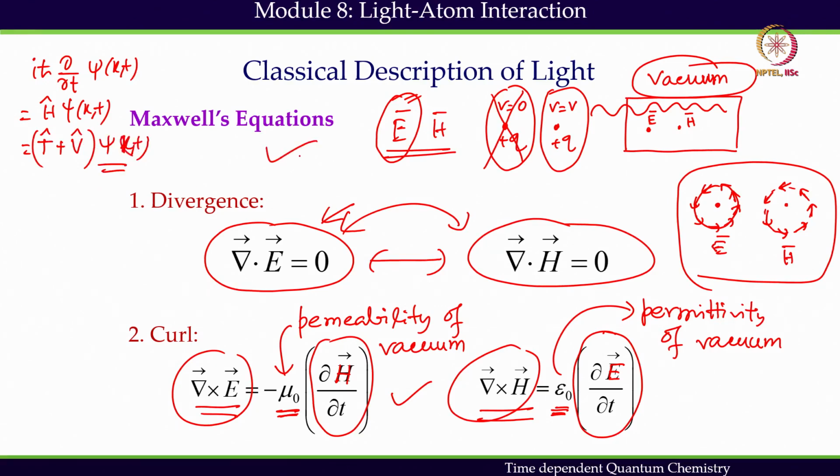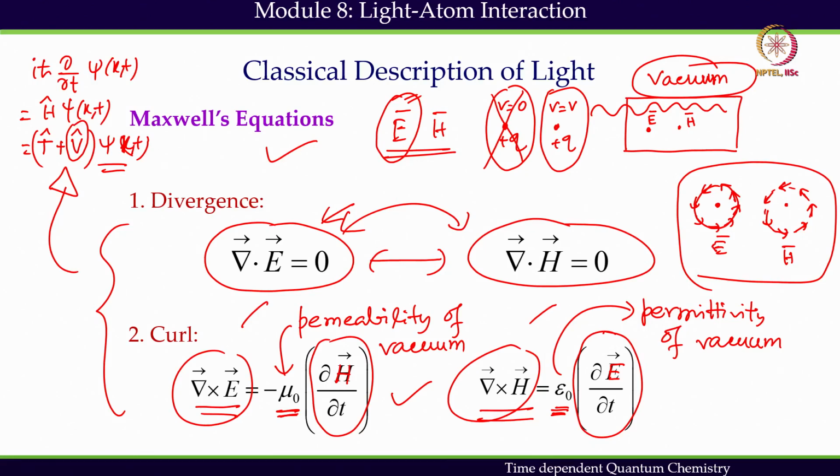But Maxwell's equations, which describe the light, are in terms of electric and magnetic fields. So in order to use these Maxwell's equations in the TDSE to explore light atom interaction, which will come in as a potential, we have to convert all these equations into potential form, and that is called the potential formulation of Maxwell's equations.